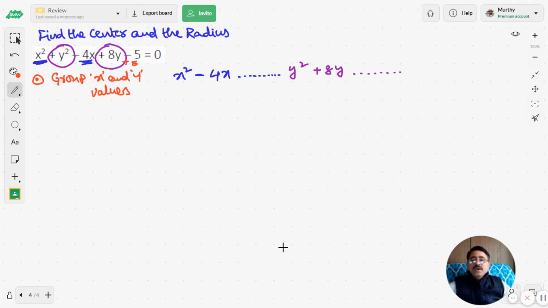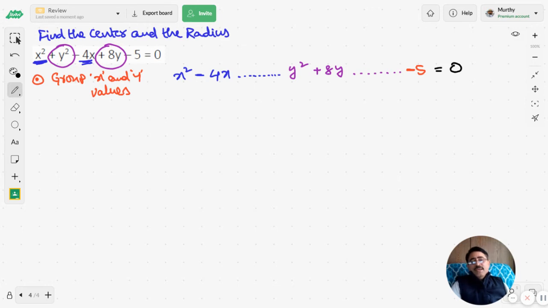So let me go for the inverse operation. Again, I'm repeating: if you are not comfortable, subtract or add 5 here. So let me take negative 5 equals 0. This is what the given question is.